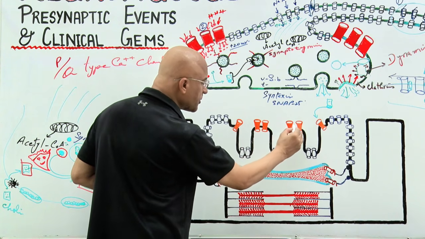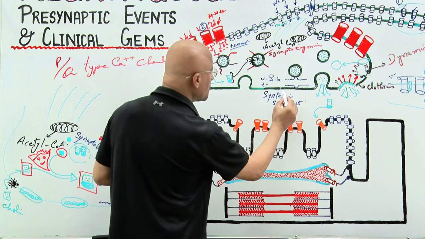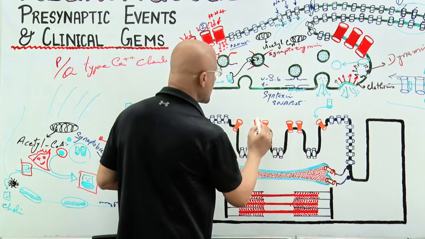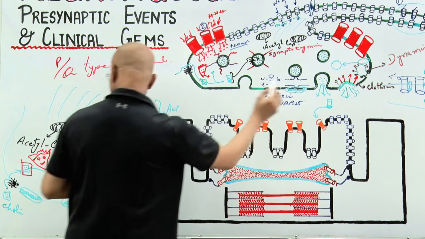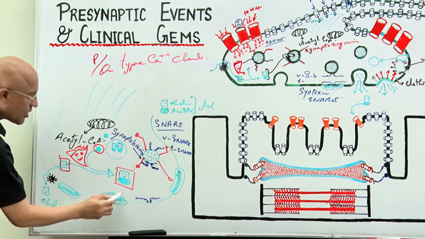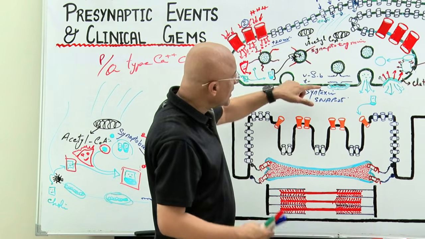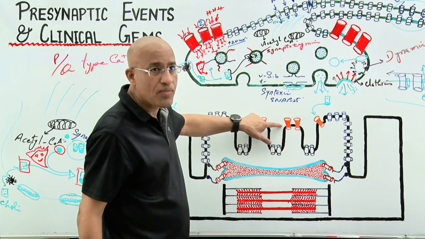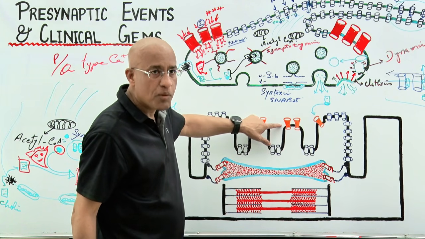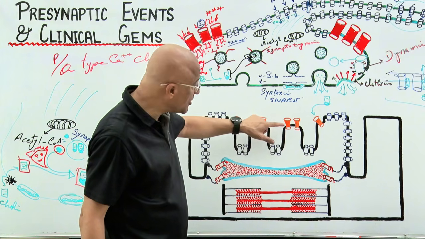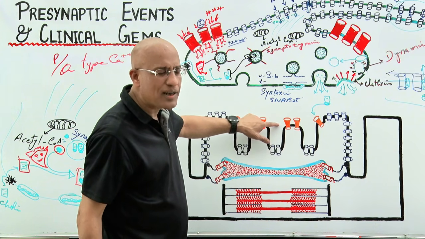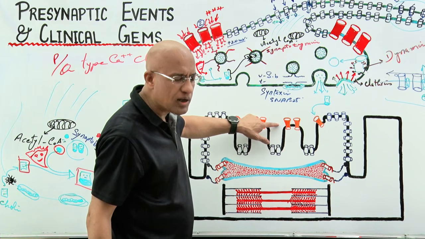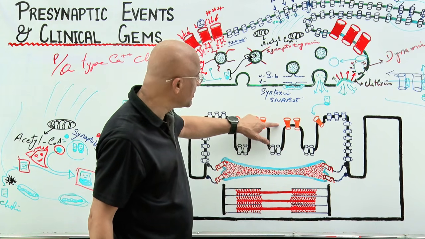Now, opposite to this crest area, there is a specialized thickening of the membrane in some area. This is called the active zone, which is exactly opposite to the crest of the postsynaptic membrane, where there is a concentration of cholinergic, nicotinic, muscular receptors.